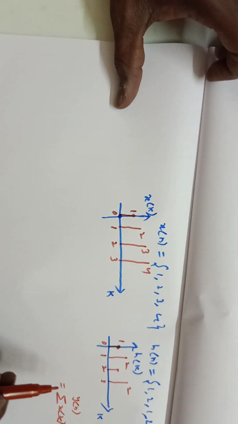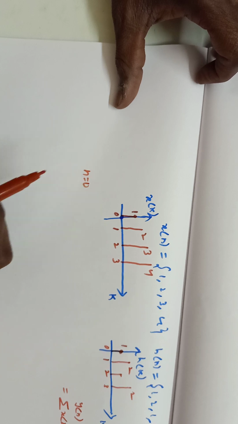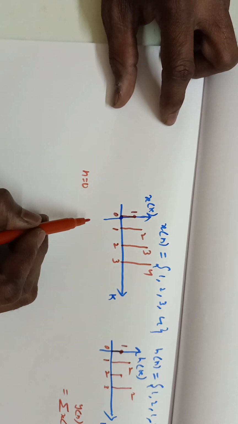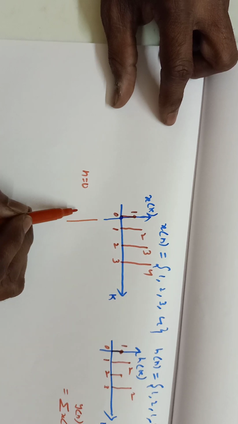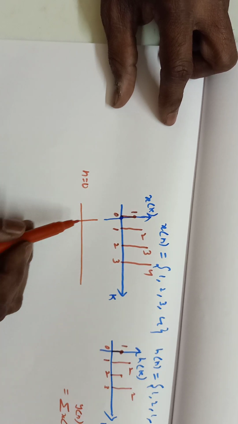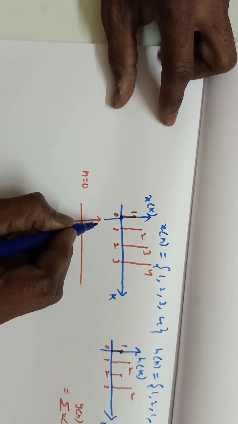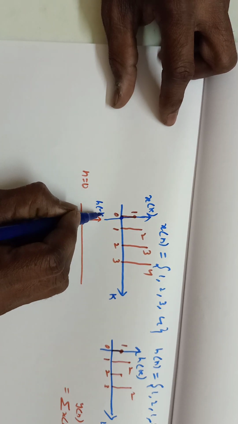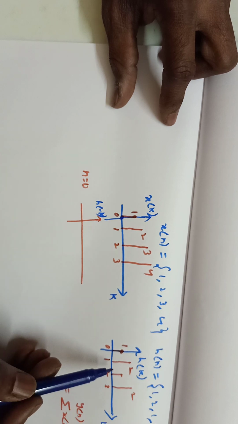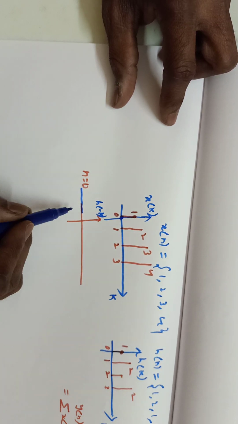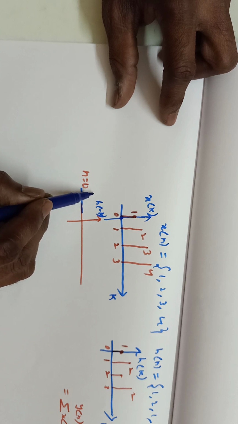When n is equal to 0, it is x of k into h of 0 minus k. That means the first step, when n is equal to 0, we want to fold the h of k. That is, we want to represent h of minus k. Minus k means it is the folded version of h of k. Folded version means the positive samples will come to the negative side.